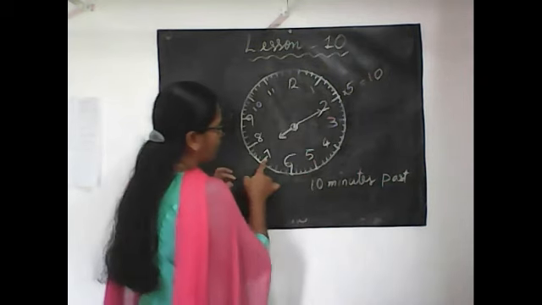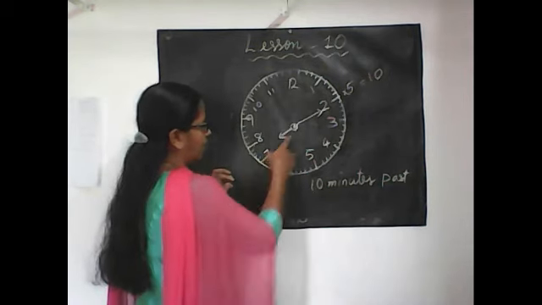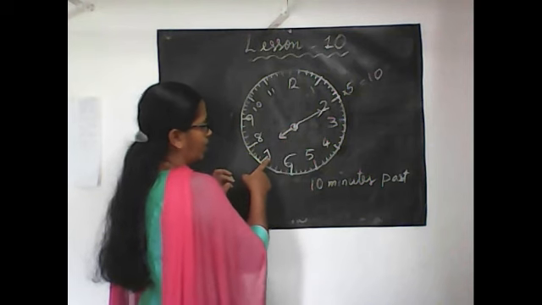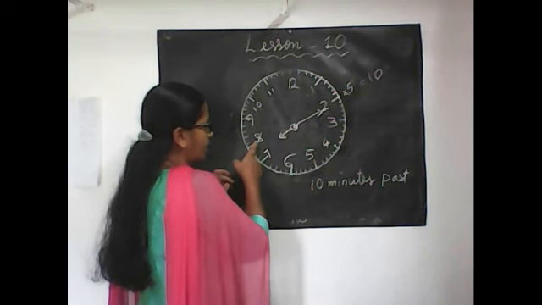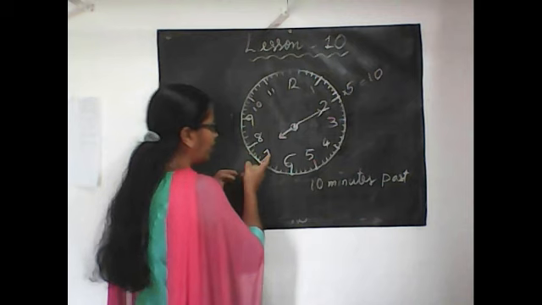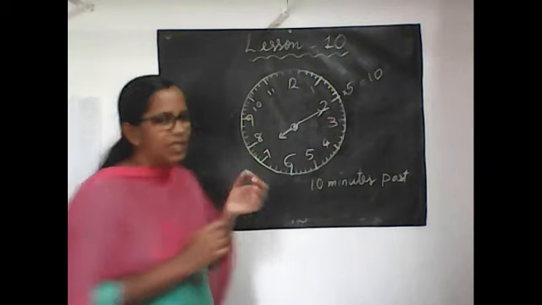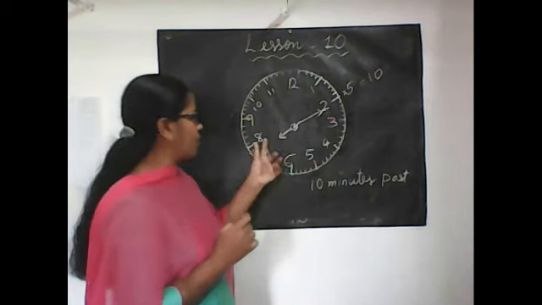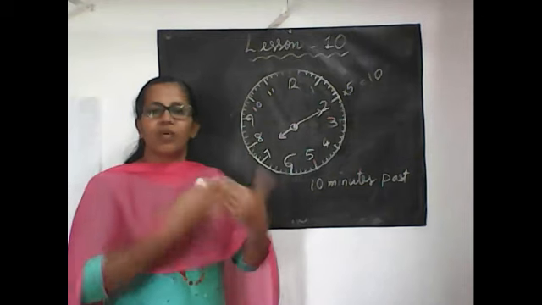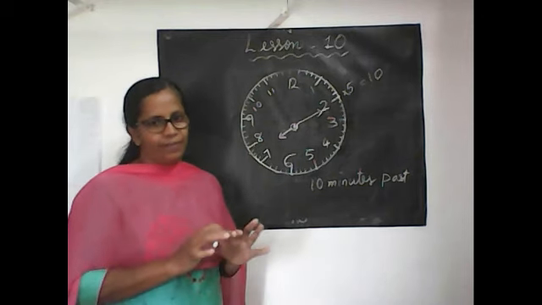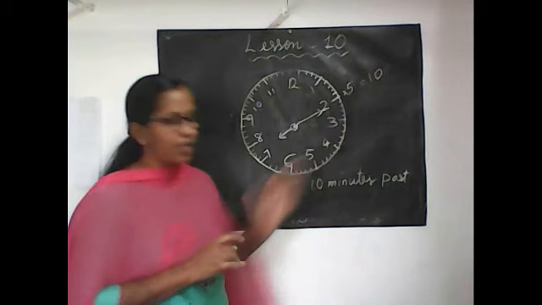Then look at the hour. It is 7. Not at 8 or at 7, but in between. A little bit after 7. That means 7 o'clock is over, but not yet 8. So how much is past 7?